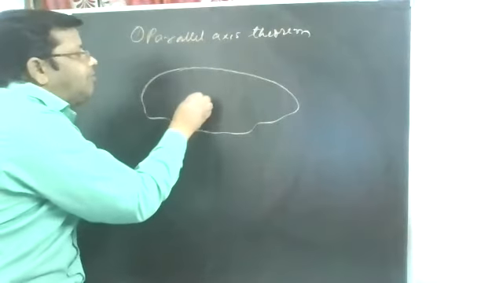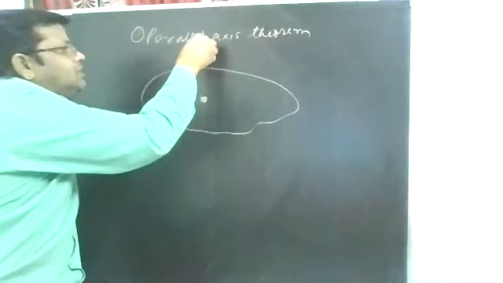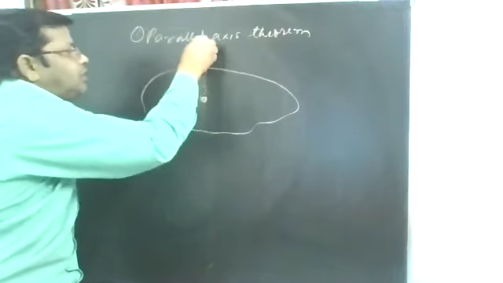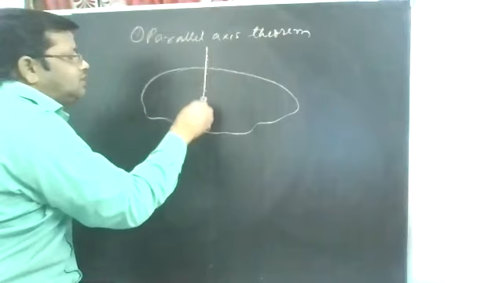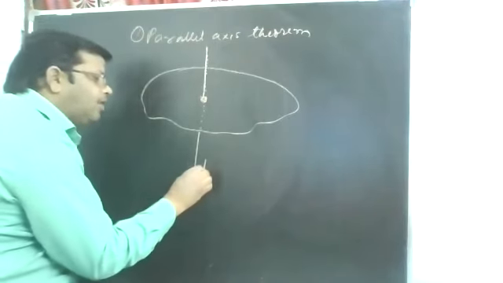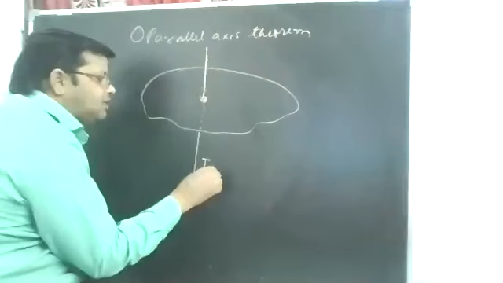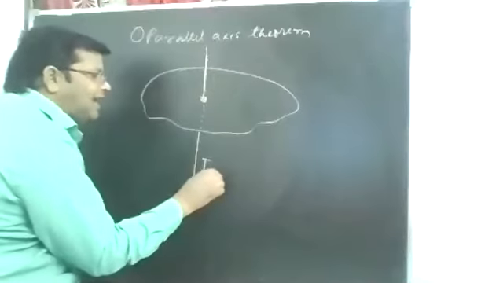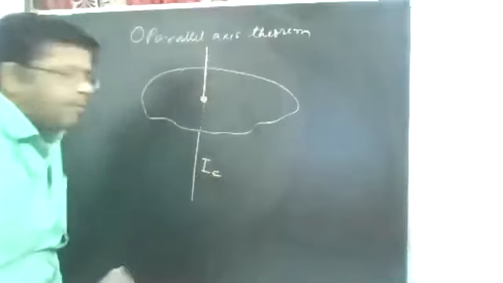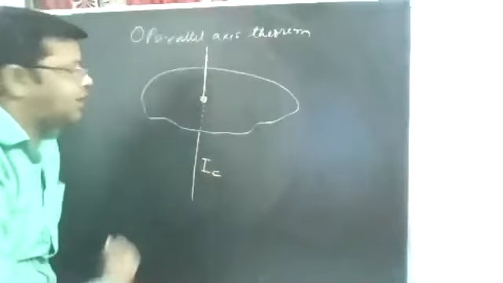And this is the center of mass. This axis is passing through its center of mass. So the moment of inertia about this axis is symbolized as IC, the moment of inertia of the body about the axis passing through its center of mass.